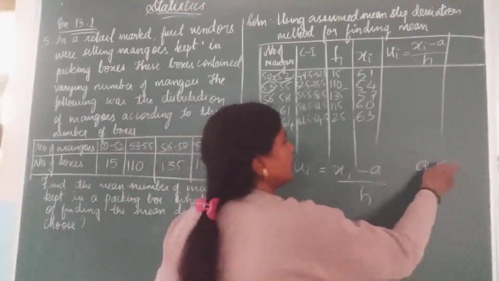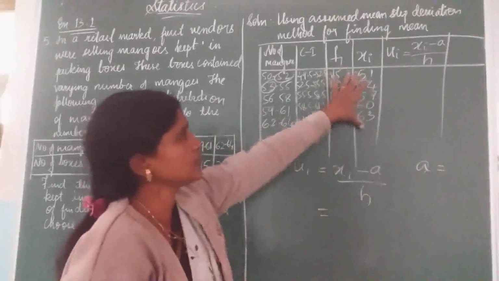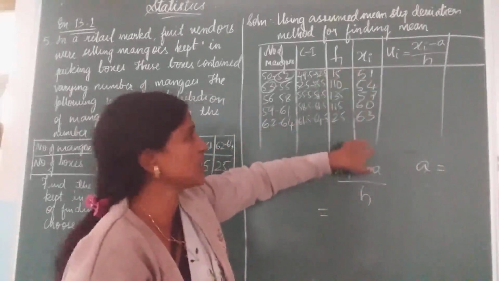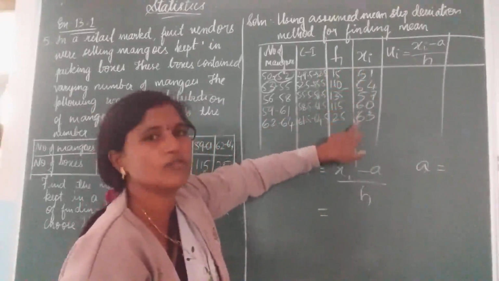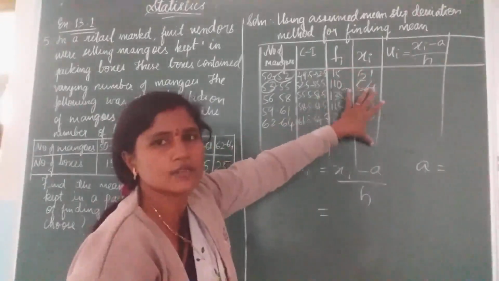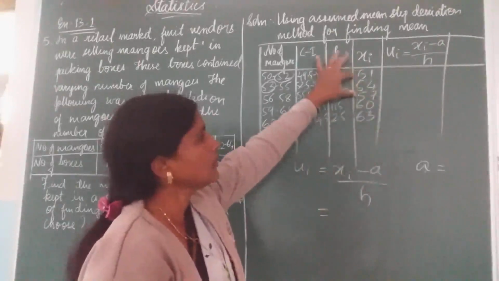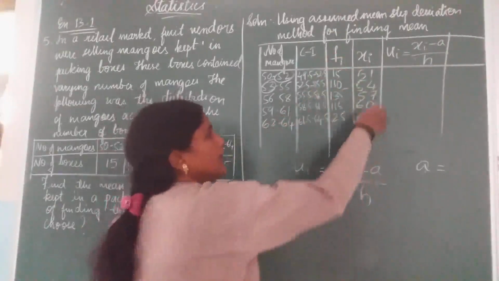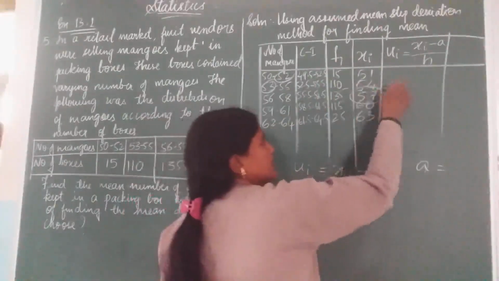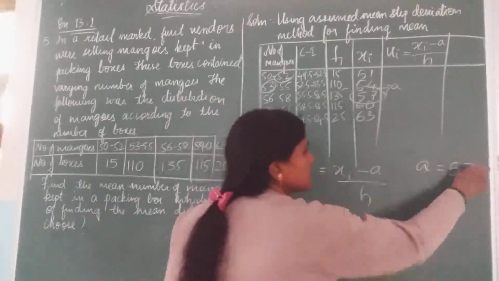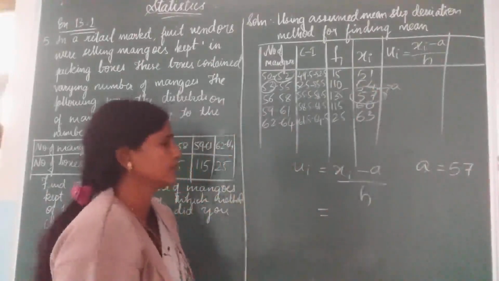What is the assumed mean here? To find the assumed mean, count the class marks: 1, 2, 3, 4, 5. There are an odd number of class marks, so the middle one is the assumed mean. So the assumed mean is 57.